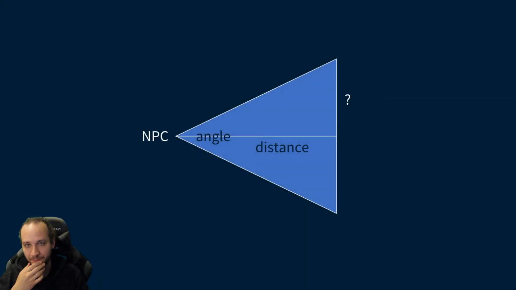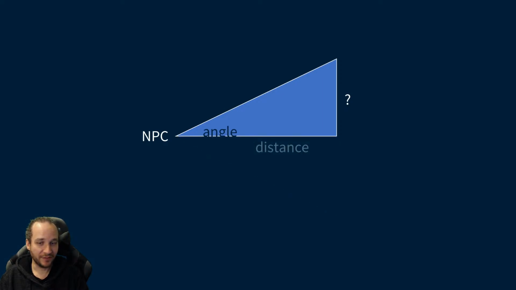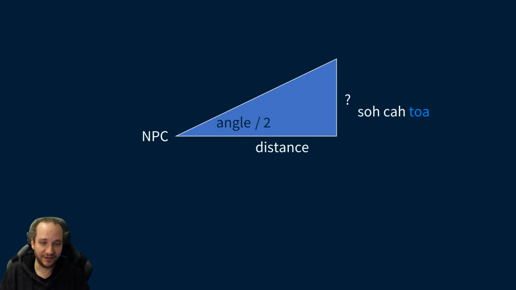So this is our situation. You got the NPC, or like the agent, and then you want the radius of the cone that you're casting, and I know the angle and I know the distance. So basically what I have to do is think about half the angle there and the distance to get me a SOH-CAH-TOA situation where the tangent is the opposite side divided by the other side, I don't remember what it is in English.